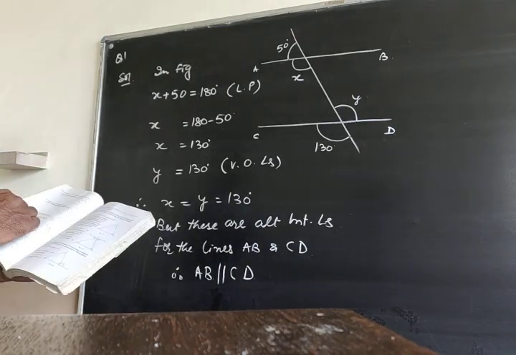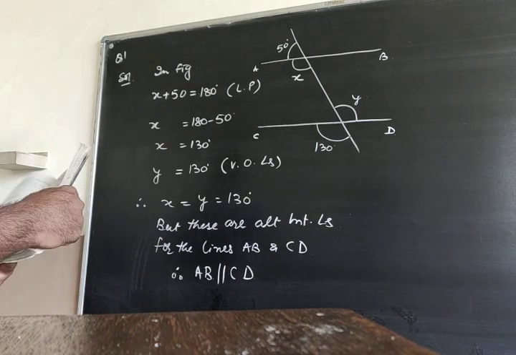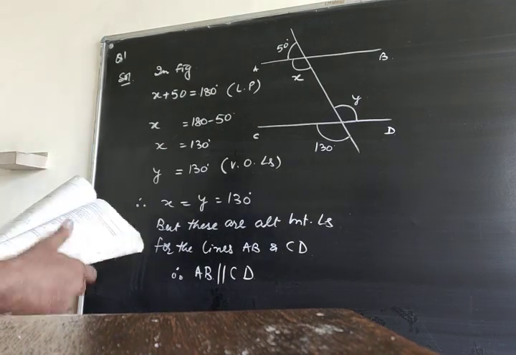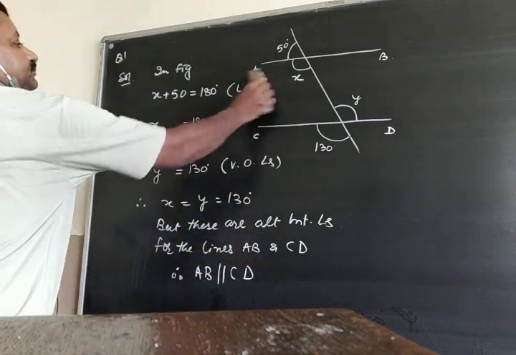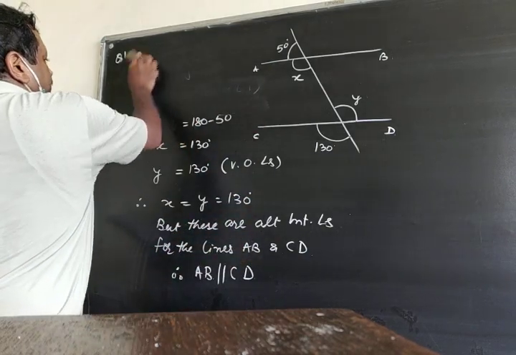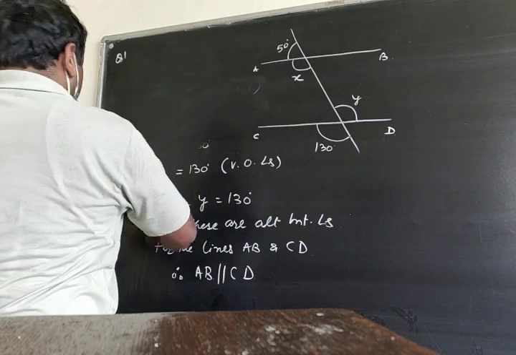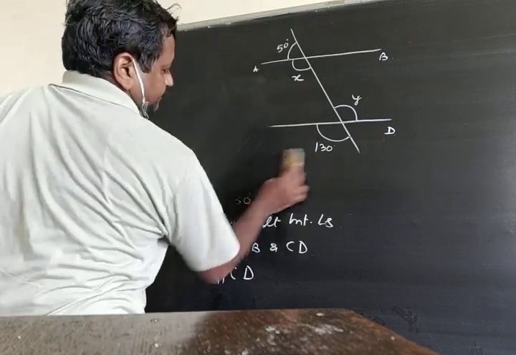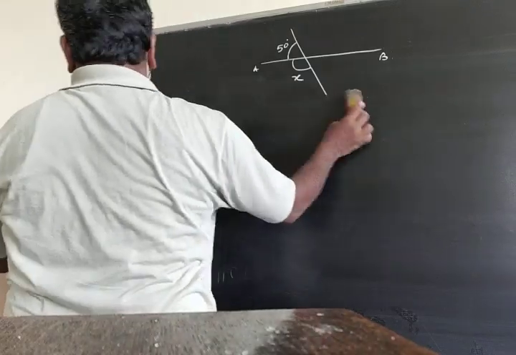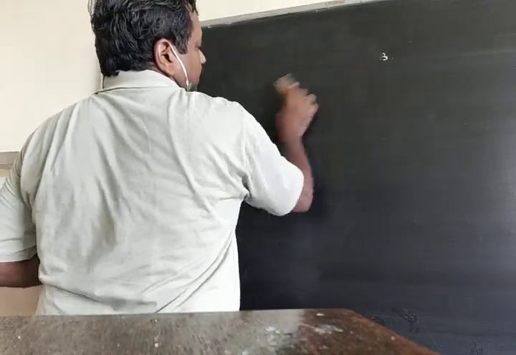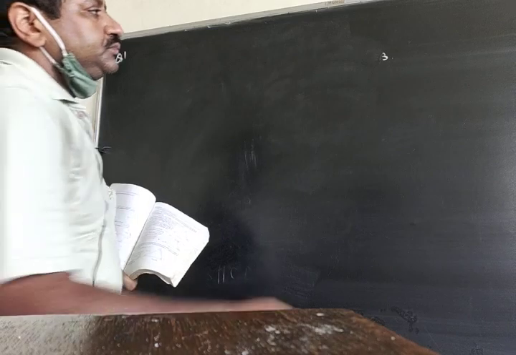Next, question number 2. Figure is given, three lines, AB parallel to CD and CD parallel to EF. One transversal is given, and we need to find out the value of x.